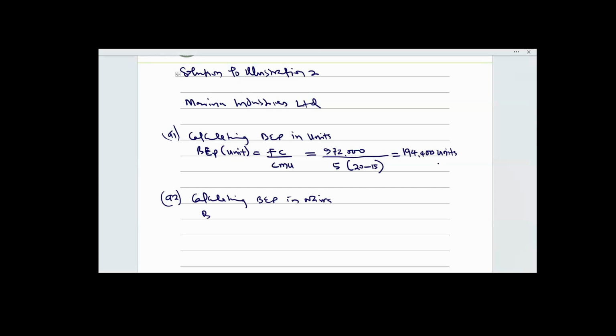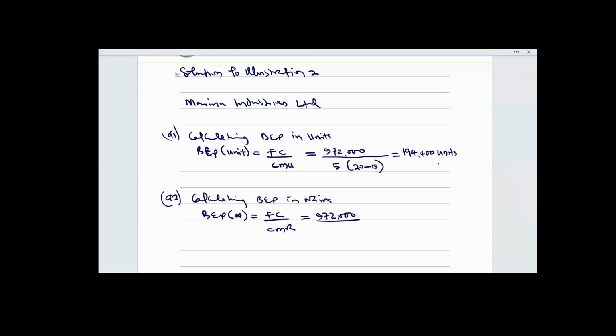Break-even points in naira equals fixed cost divided by contribution margin ratio, which is 972,000 divided by contribution margin ratio. For me to get my contribution margin ratio, I need to divide the contribution margin per unit by the selling price.